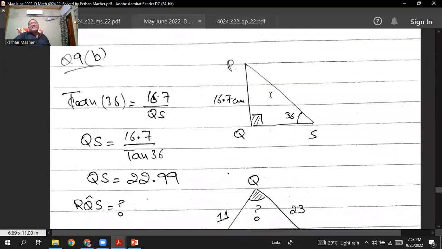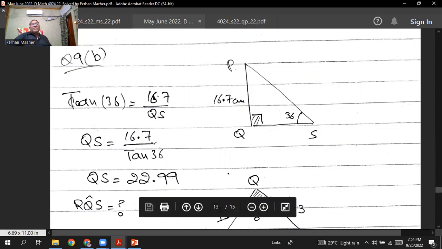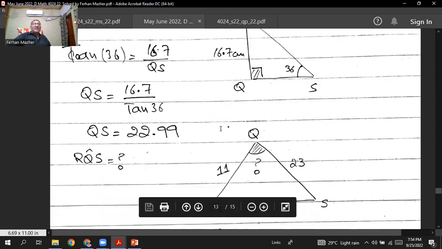So I have separated that triangle PQS. This is 90, this is angle of elevation, that's 36. This is 16.7, the height of that pole. So I will apply tan. Tan 36 will be equal to 16.7 divided by QS, perpendicular by base. So the QS will be 16.7 divided by tan 36. Just do it in the calculator. The QS will be 22.99.